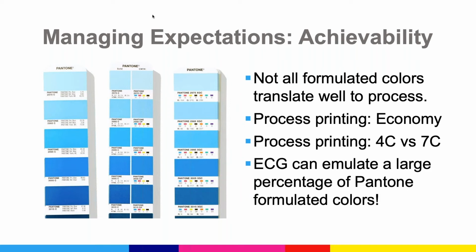And when we make that move, we see a terrific achievement of getting to those colors that had been a challenge in the past. We have a product, the XGC guide or expanded gamut guide, that helps communicate what the achievability is when converting the formula guide colors to 7-color. And what you see on screen here is really the trifecta of the toolkit to manage through these decision processes, whether it be a formulated spot, a 4-color conversion, or a 7-color conversion.